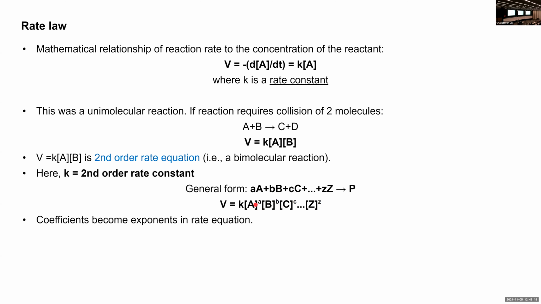During that reaction, there are a fraction of a molecule, little b of the big B molecules, and so on, so these coefficients also have to be considered, because there has to be a certain number of A molecules and so on. So they are put into the exponents in the exponential function. Again, the coefficient in the general form becomes the exponent in the rate equation, or the rate constant.